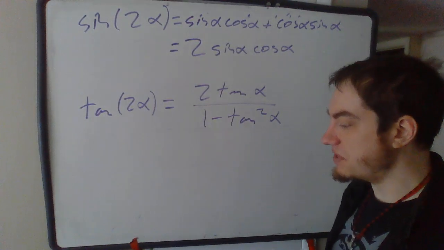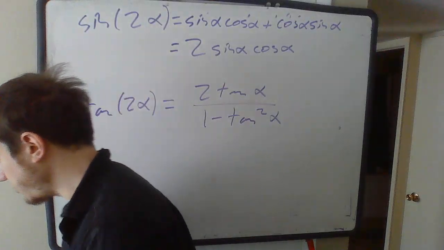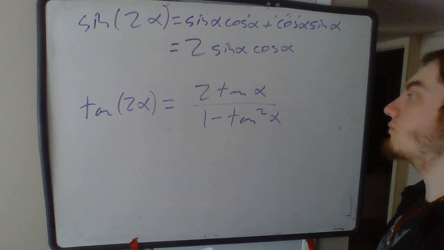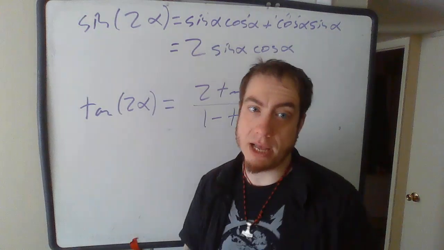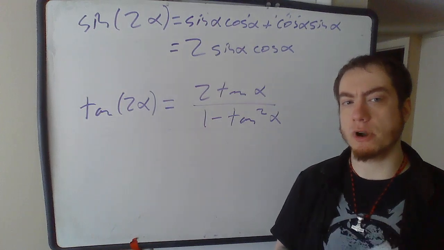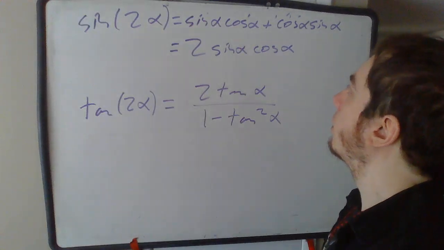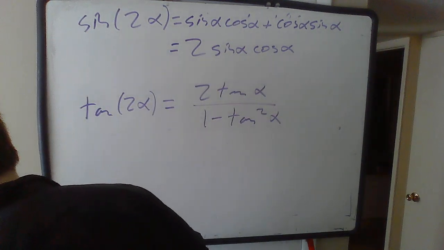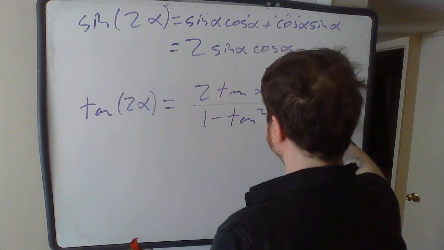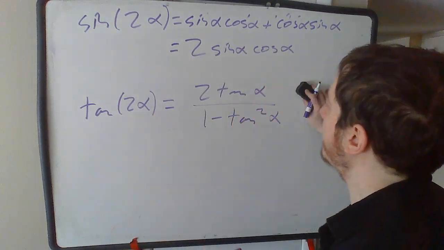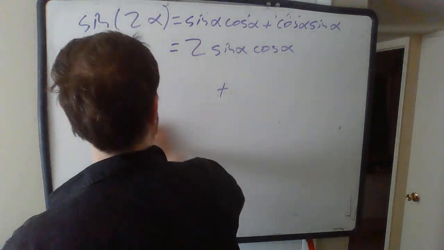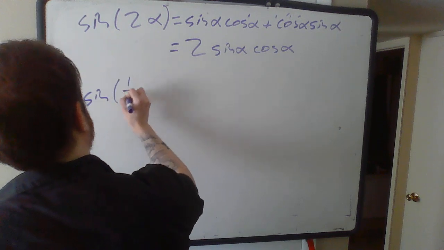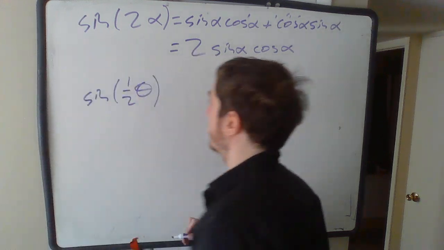Okay, so we have these new identities. What else can we say here? Double angle formulas turn out to be nice, but it would be much more interesting to ask what we would get if we wanted to find the values for half of an angle. In other words, instead of asking what is the sine of 2 alpha, what if I asked what is the sine of 1/2 theta?